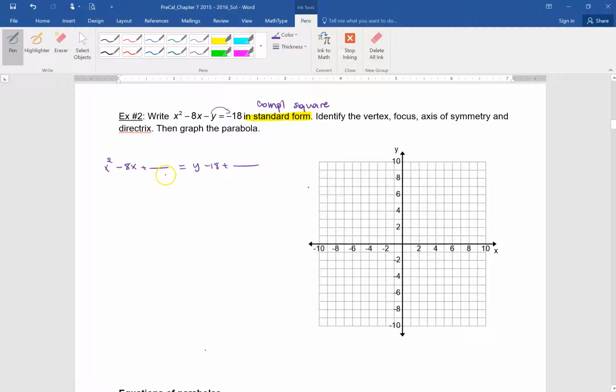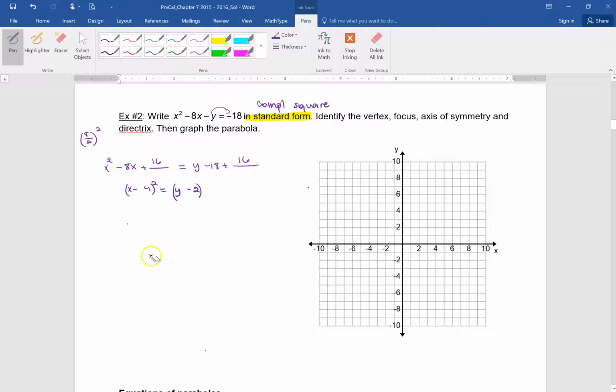Because whatever I add here, I must add there as well. What number goes in that blank? It's 8 over 2 squared, so it's 16, and I have to add the same number there. Okay? Now, when I complete the square here, I have x minus 4 squared is equal to y minus 2. And I'm done. Okay? I am done.